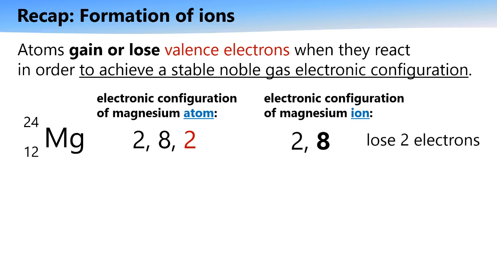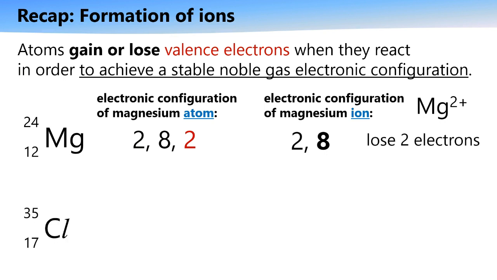Please take note of the difference between the magnesium atom and the magnesium ion. When we talk about the atom, we are talking about the original number, in this case 12. And when we talk about ions, we have to decide whether it has lost or gained electrons. So since it has lost 2 electrons, the magnesium ion will be represented by Mg2+.